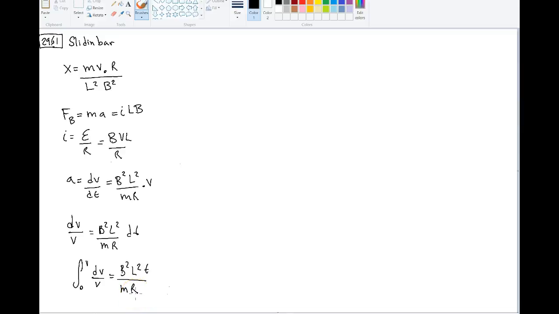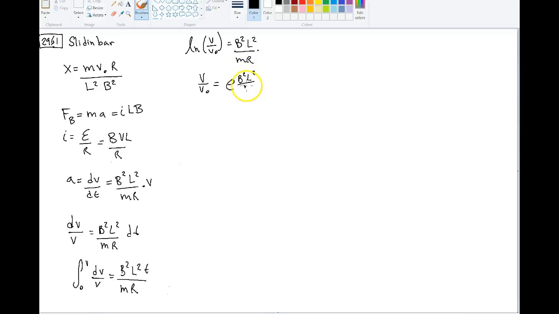So this is natural log of v over v0 is equal to B squared L squared over mR all times t. Now we convert to exponent form, and we get v over v0 is equal to e to B squared L squared t over mR.